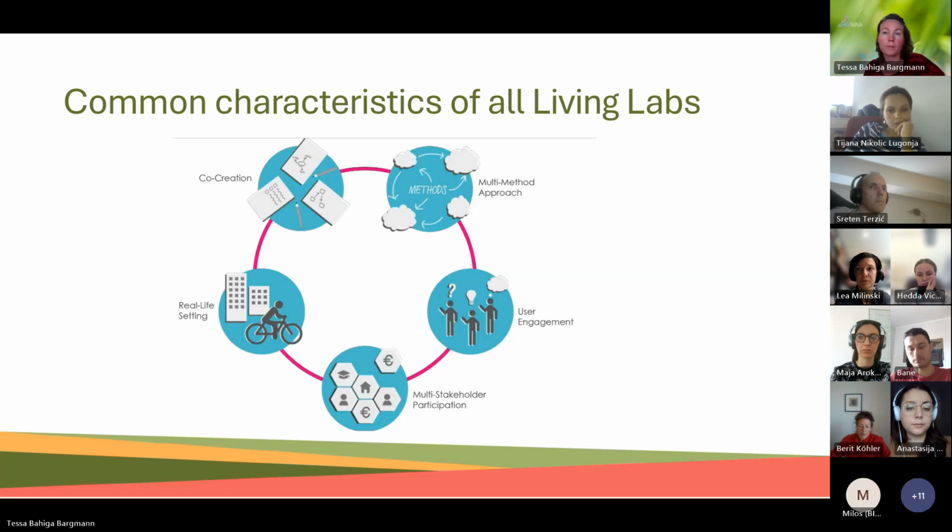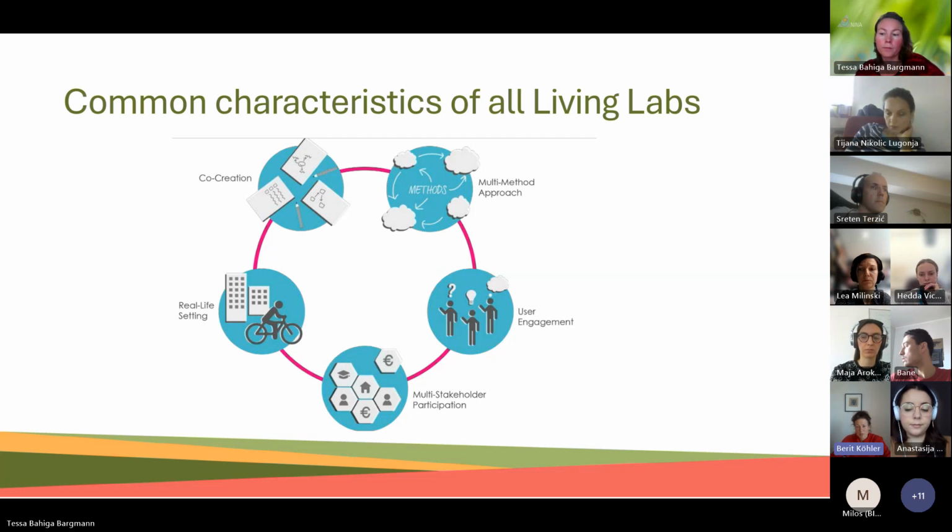Another characteristic is multi-stakeholder participation. Even if the focus is on the users, involving all relevant stakeholders is actually of crucial importance and really desired. So this often includes the so-called quadruple helix actor model.